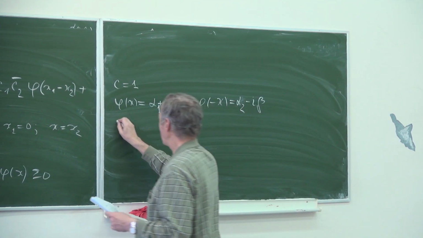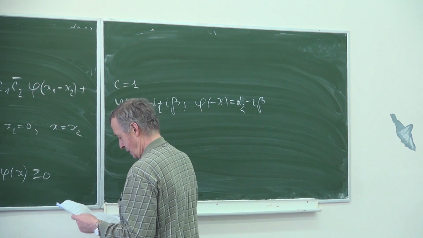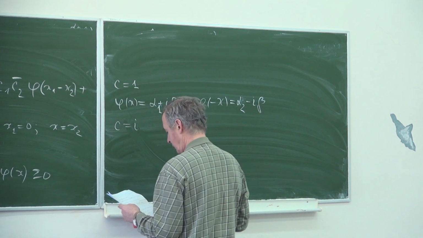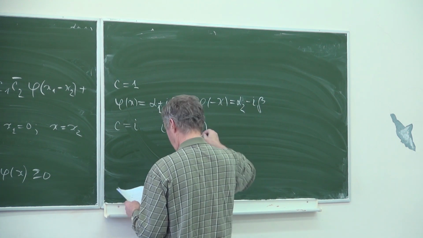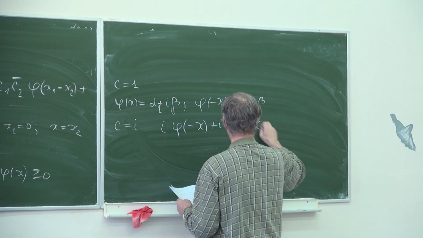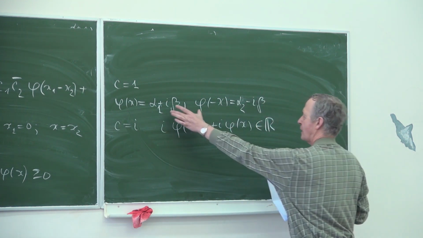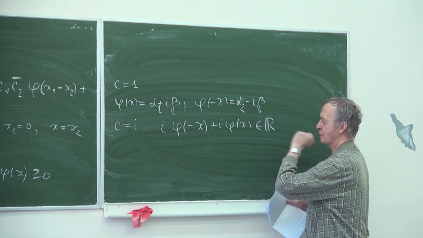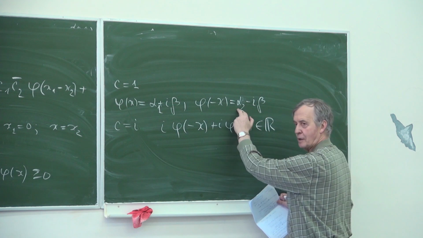And now we take C equal to I, and this implies that I phi of minus x plus I phi of x is also real. And when we look here, we see that alpha 1 must be equal to alpha 2.